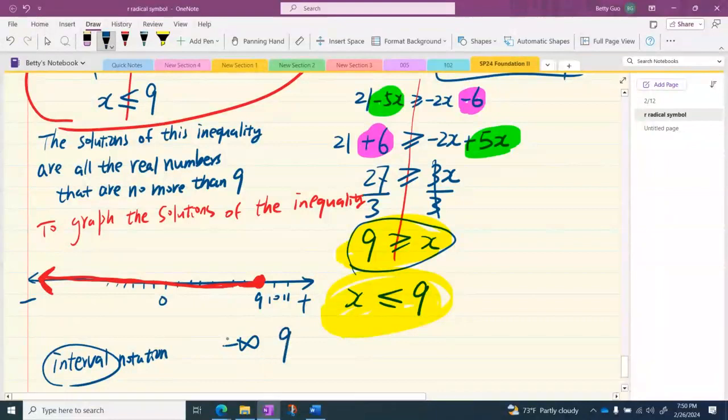The left endpoint is negative infinity because the piece starts from negative infinity all the way to 9, right? So negative infinity and 9 is the right endpoint. We have a comma to separate. And we always use parentheses to frame infinity. And in this case, we use a bracket to frame 9 because 9 itself is a solution.